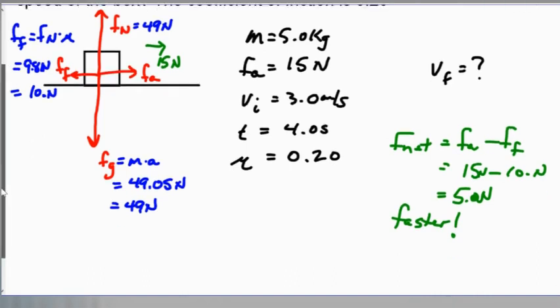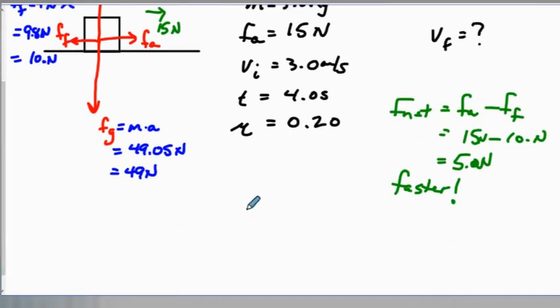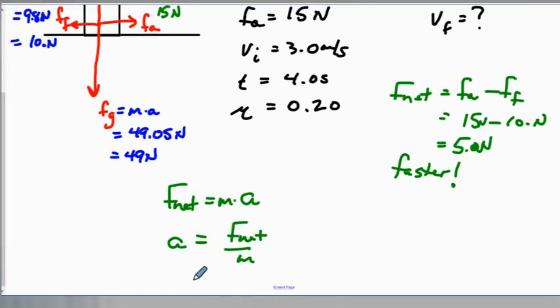Okay, what's next? Well, I knew that my F net is mass times acceleration. So from there, I can calculate that my acceleration was my force divided by my mass. So in this case, my force, my F net, was 5 newtons.